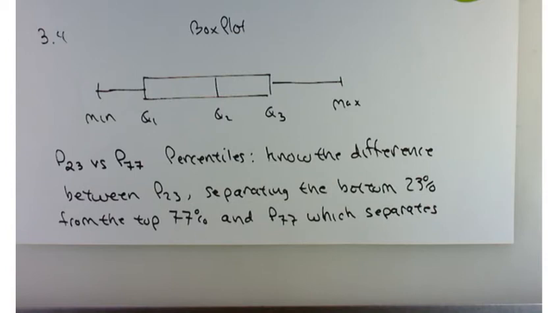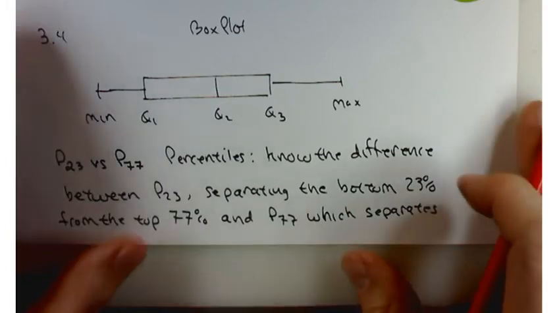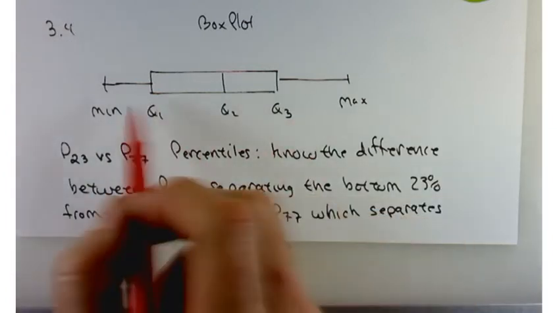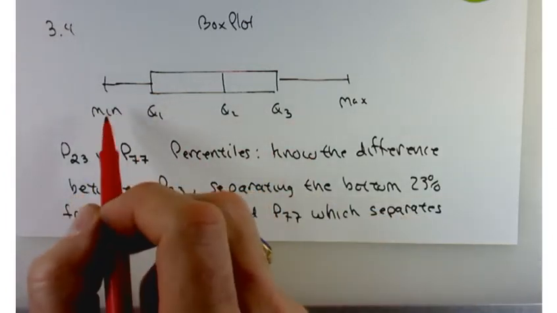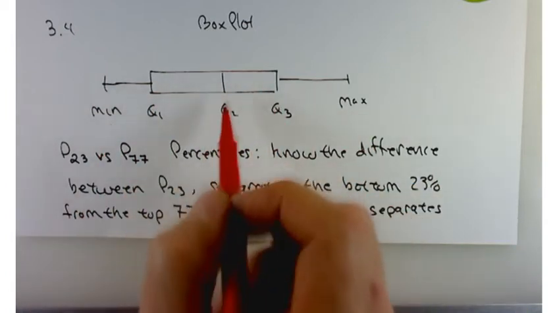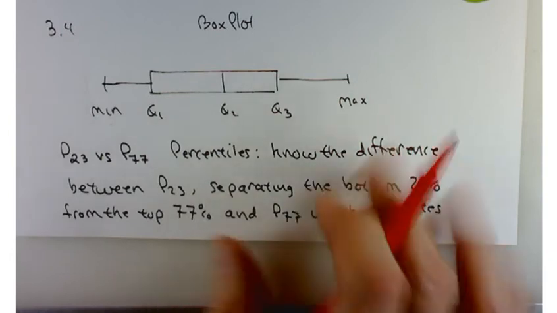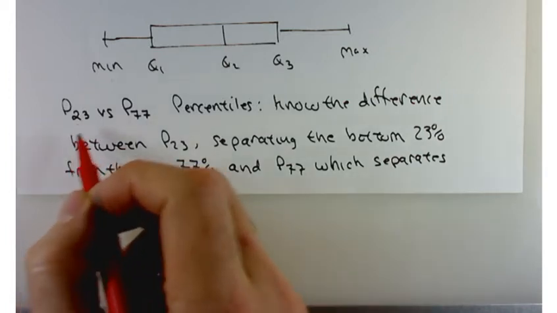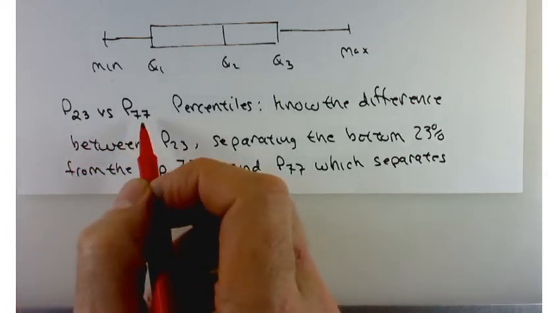The last section that we covered in Chapter 3 talked about measures of relative standing. We looked at a box plot briefly. A box plot goes from the minimum to the maximum, and the shoulders in this line here are the quartiles. One thing that I will be asking you is the difference between something like the 23rd and 77th percentile.